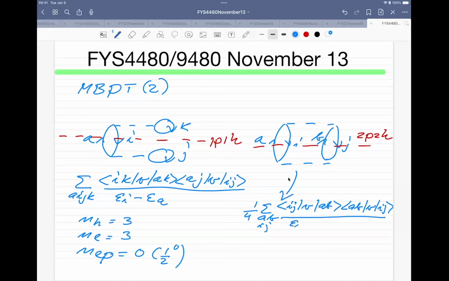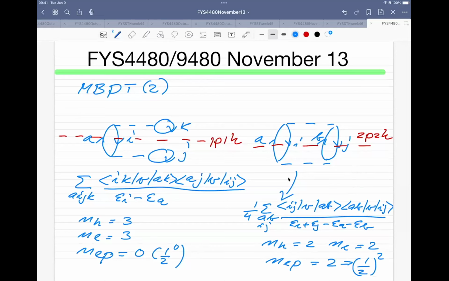And in this case, we have epsilon I plus epsilon J minus epsilon A minus epsilon B. And here we have a number of hole lines equal to 2, the number of loops is equal to 2, and the number of equivalent pairs is equal to 2. And that leads to a factor 1/2 to the power of 2, which is the one we have there.